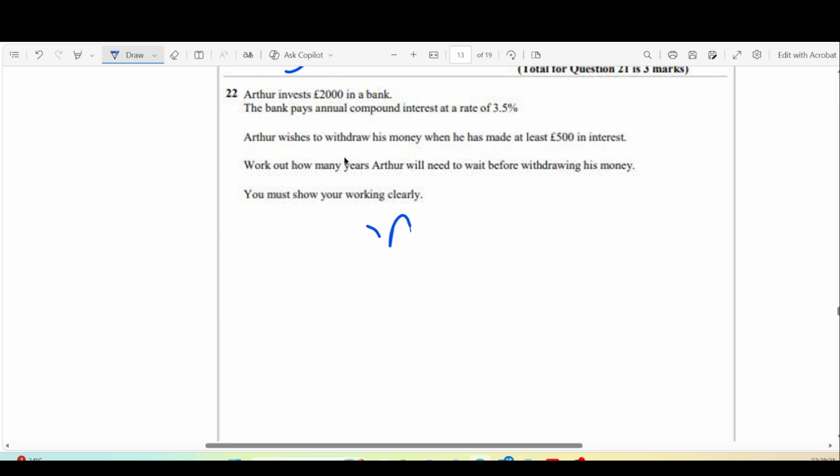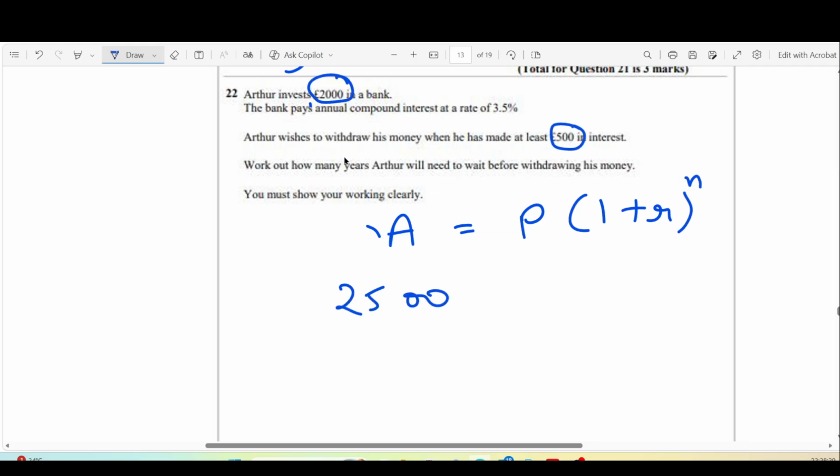So the formula for compound interest is amount equals principal times 1 plus rate to the power n, where n is the number of years, and this is what we need to calculate. So the amount is 2500, because it is 2000 plus 500, right? So we add them, and the principal is what we are investing, 2000. 1 plus rate, where the rate is 3.5%, right? So 1 plus 3.5%, and then we have n.